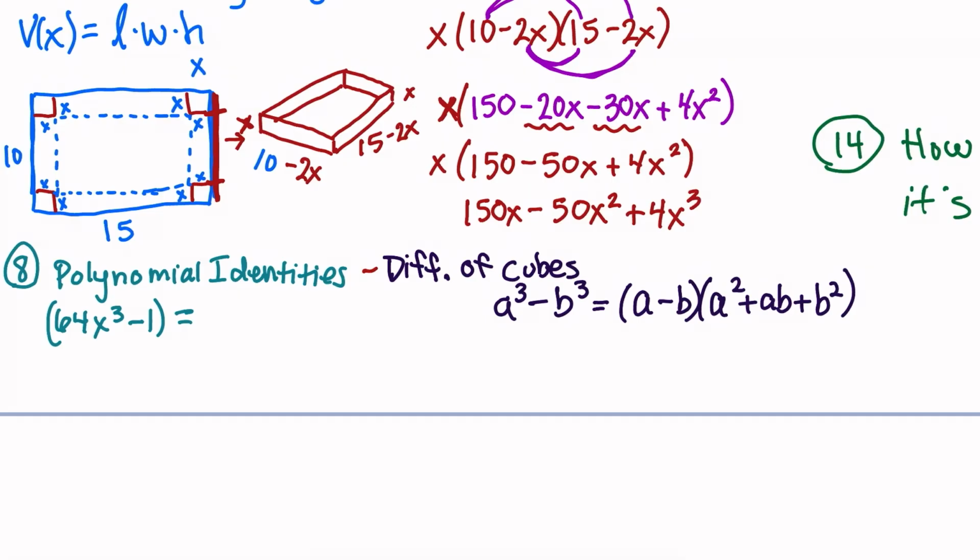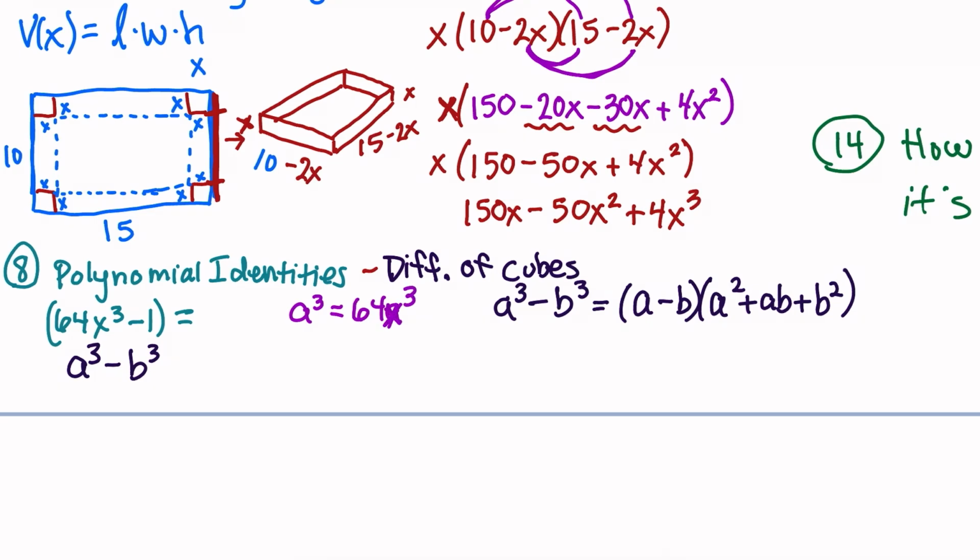So how does that help us with the problem we have? Well, I can see that this is in the format a cubed minus b cubed. So with that, I can see that the a cubed is 64x cubed.